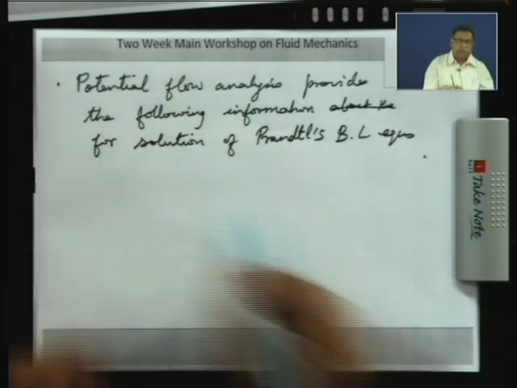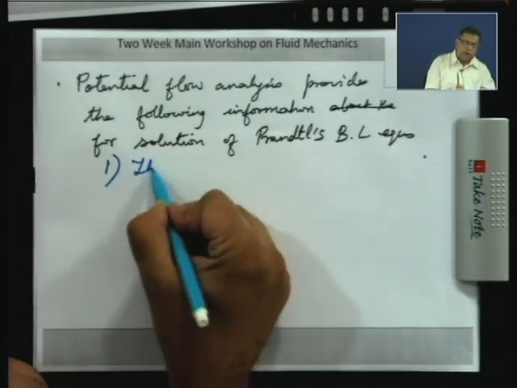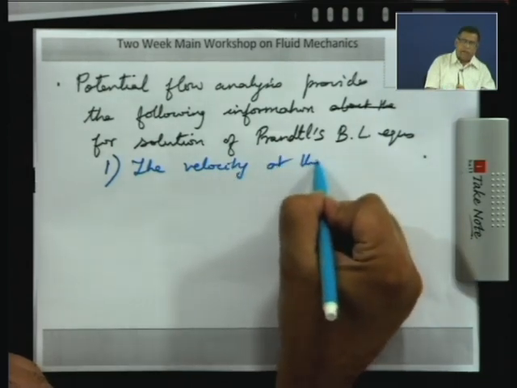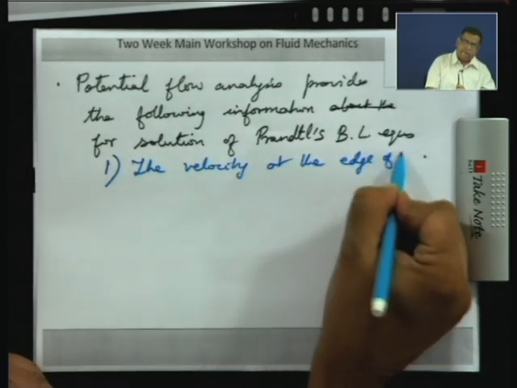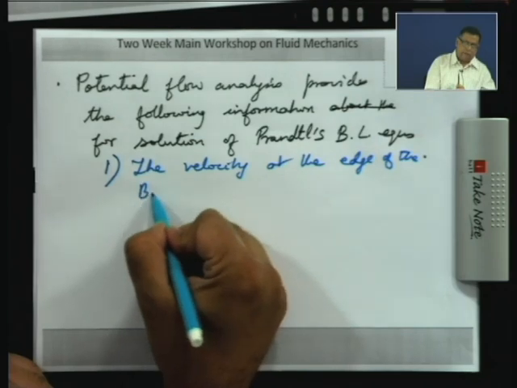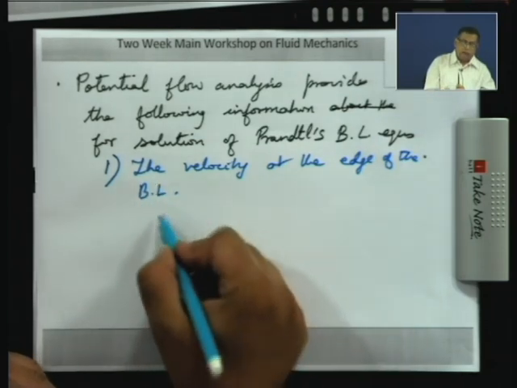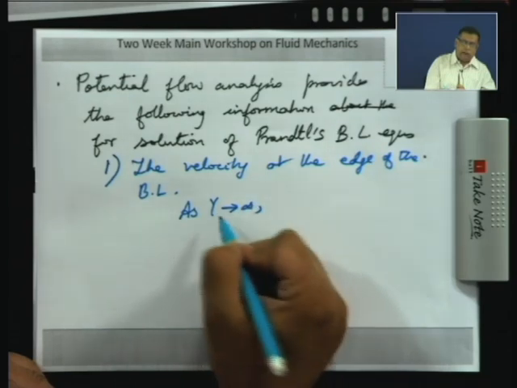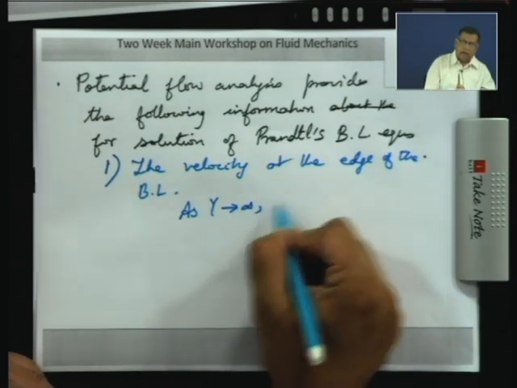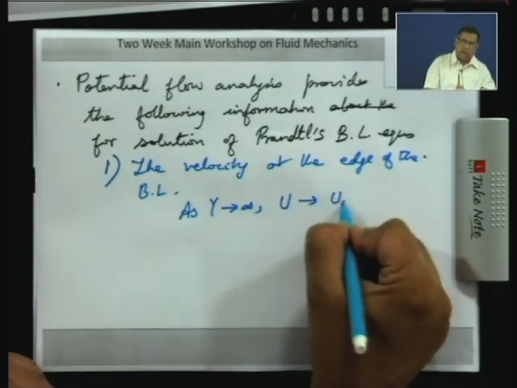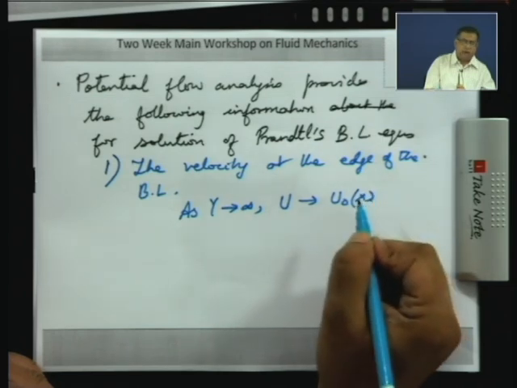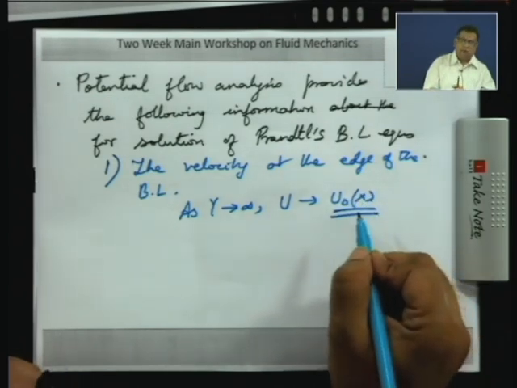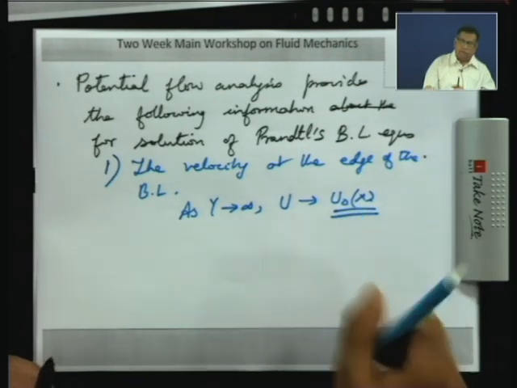It gives you two things. One is the velocity at the edge of the boundary layer. So, the boundary condition that as y goes to infinity, u goes to u0 of x, this u0 is determined from the potential flow analysis.